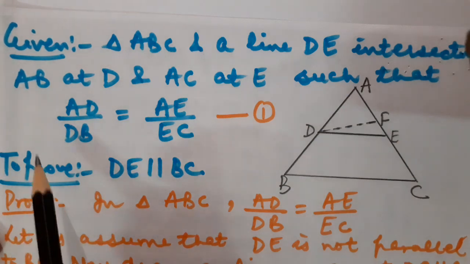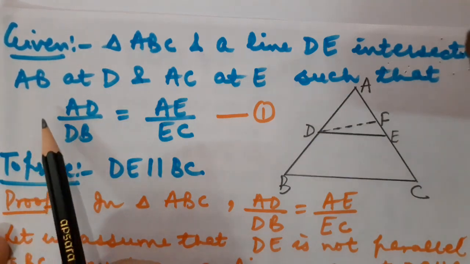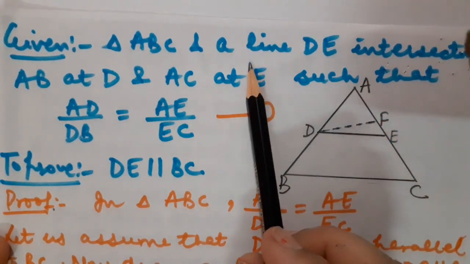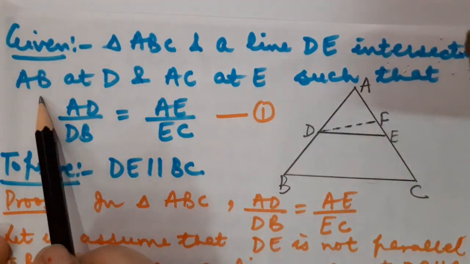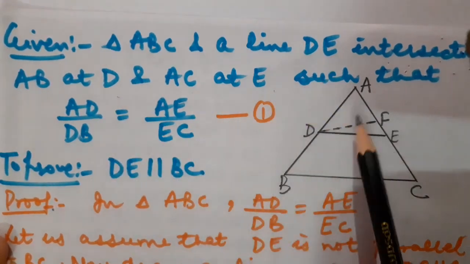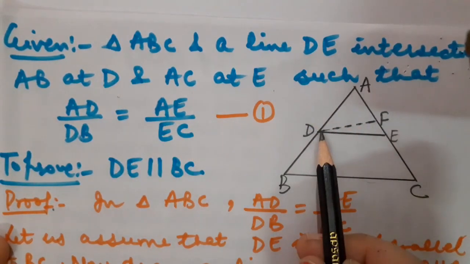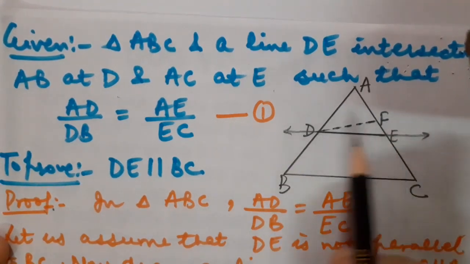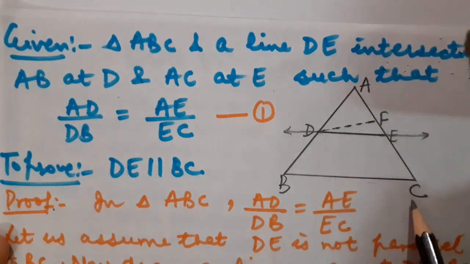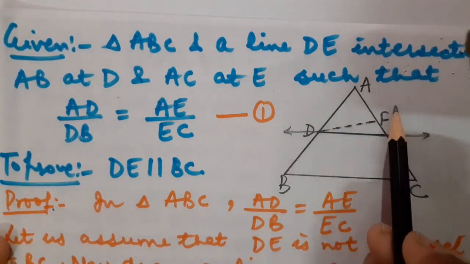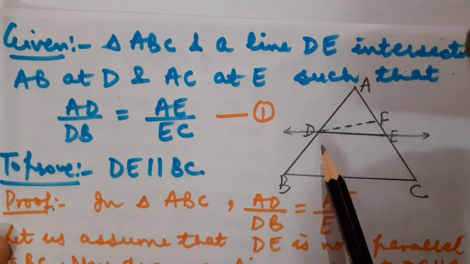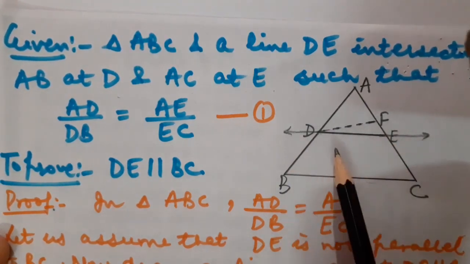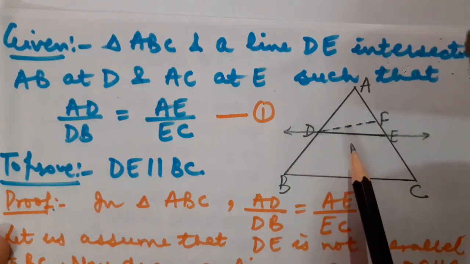Now children, what is given in the converse of BPT, that is basic proportionality theorem? We have a triangle ABC. You can see a line DE intersecting AB at D and AC at E. You can even extend it also. So this is a line DE which is intersecting AB at point D and AC at point E, such that we have the ratio of the other two sides which are intersected by this line, because we are dealing with the converse of BPT.